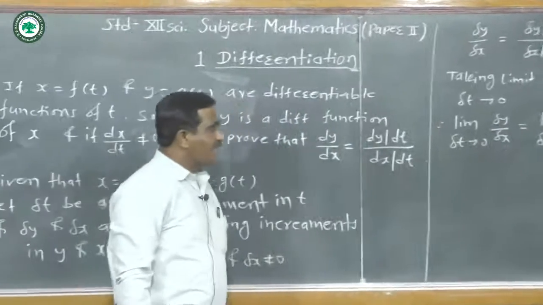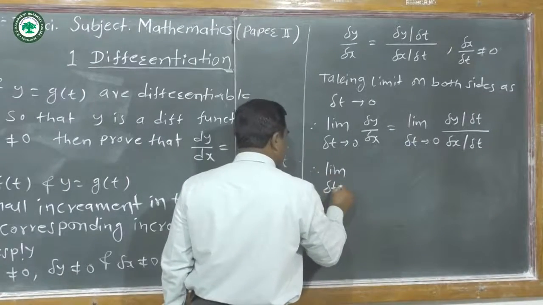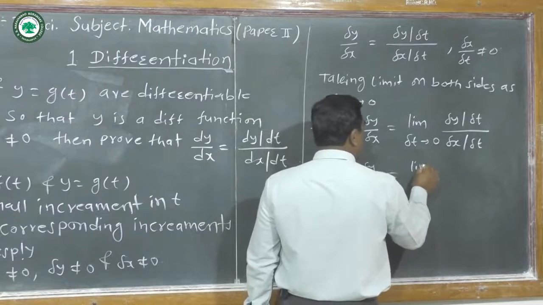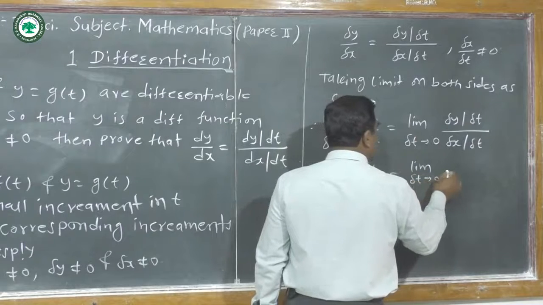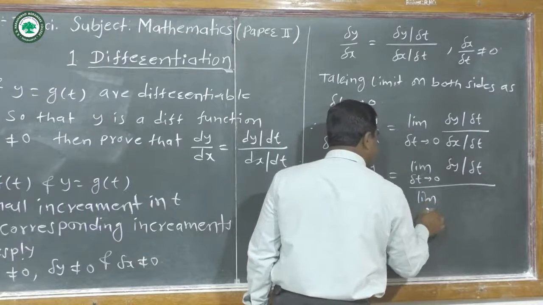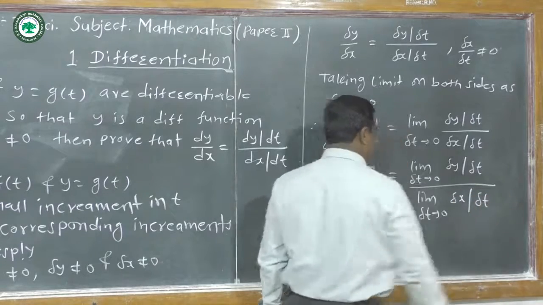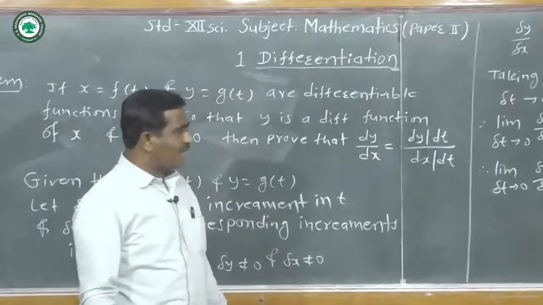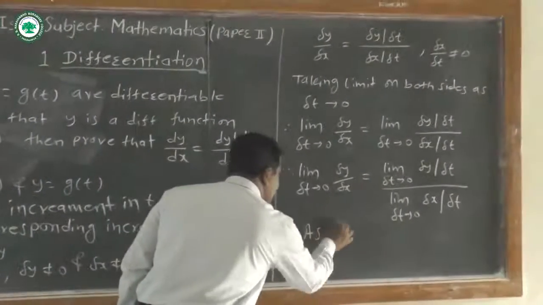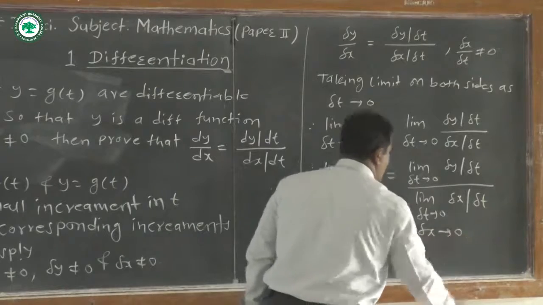Now you can take separate limits on the RHS. Therefore, limit delta t tends to 0, delta y by delta x is equal to limit delta t tends to 0, delta y by delta t upon limit delta t tends to 0, delta x upon delta t. Now as delta t tends to 0, delta x also tends to 0.